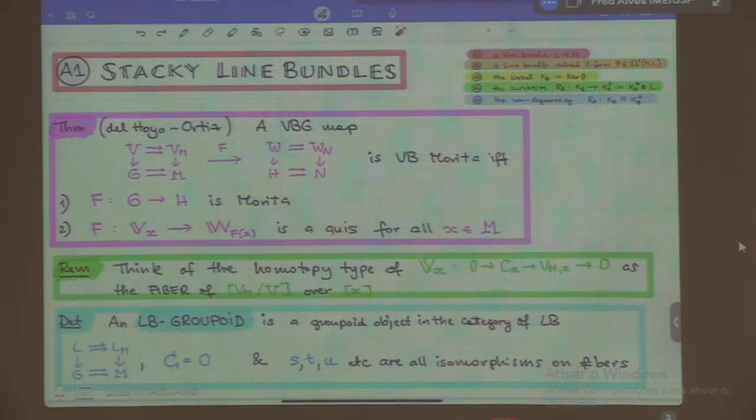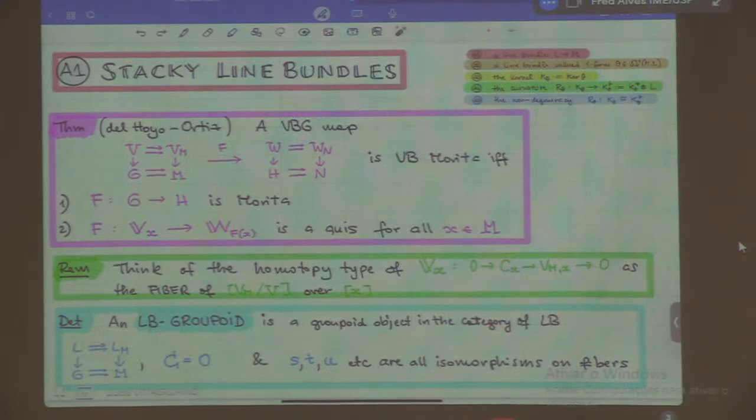From this condition, it follows automatically that the curve is trivial, and this is useful because with the curve being trivial, we can conclude that the source, the target, actually all the structure maps on the line bundle groupoid are isomorphisms, and this is useful.